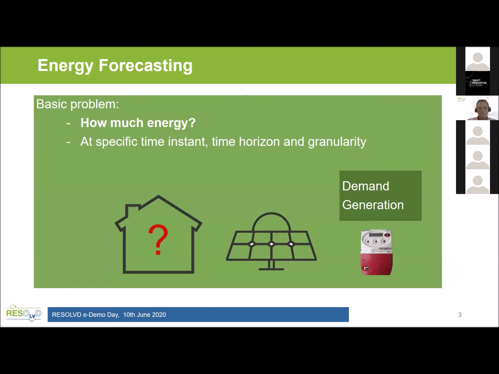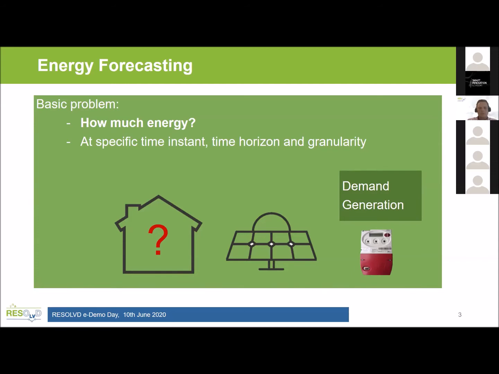If we go into the problem, maybe the majority of you know the meaning of energy forecasting. The basic problem is to know how much energy should be delivered, or will be produced, or will be consumed at a specific point, at a specific time instant, probably specifying also some extension in time, this time horizon, and probably also with some resolution or granularity.